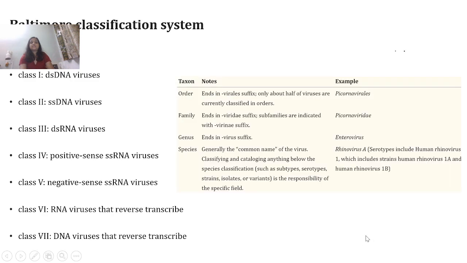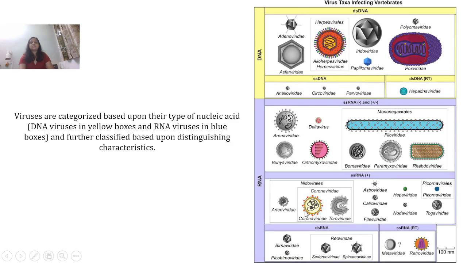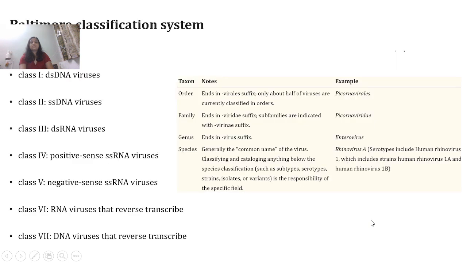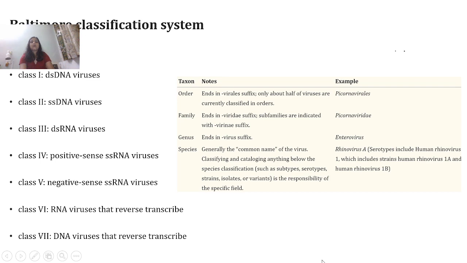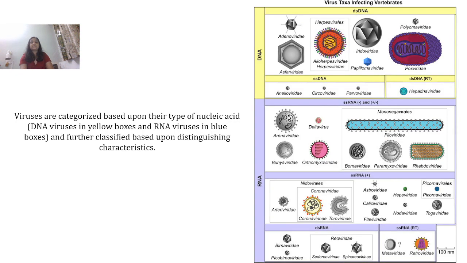Class 4 includes positive strand viruses, which include Coronaviridae, Arteriviridae, Nidovirales, Astroviridae, Caliciviridae, Picornaviridae, Togaviridae, Flaviviridae. So they are in class 4. Then there are double-stranded RNA viruses like Birnaviridae, Reoviridae, Cystoviridae, which is class 3.